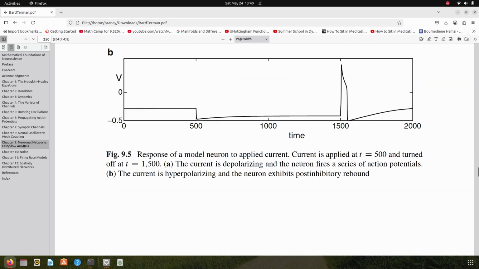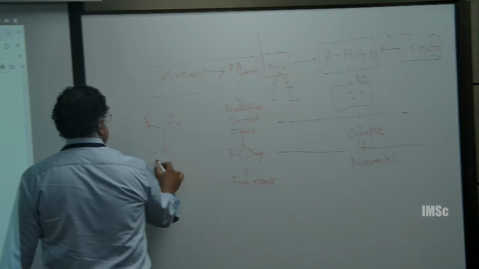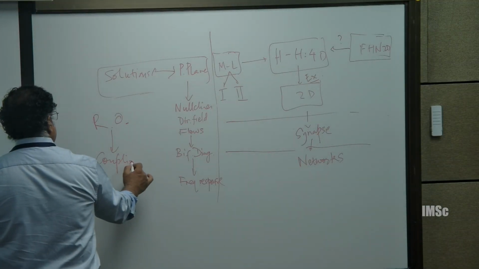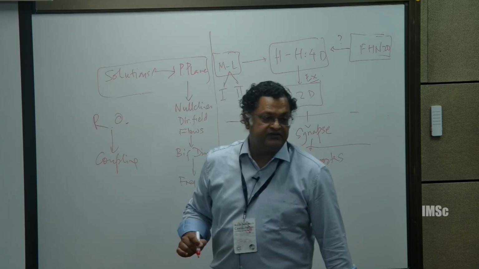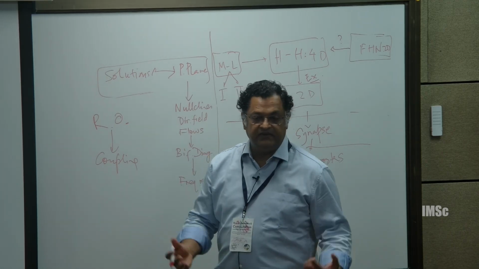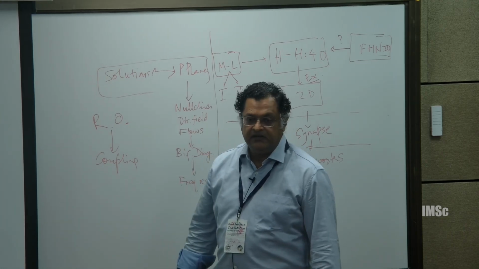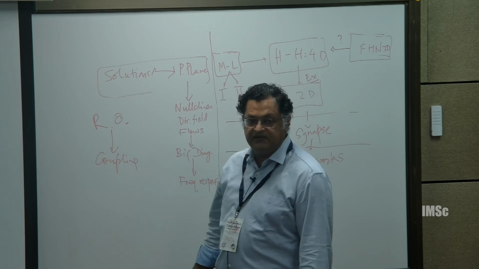The next thing that you can try to do is to take relaxation oscillators and start coupling them. The coupling equations we have already seen before. In fact, they become even nicer, even simpler when you start coupling relaxation oscillators.